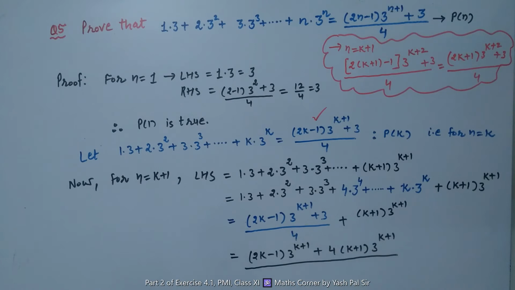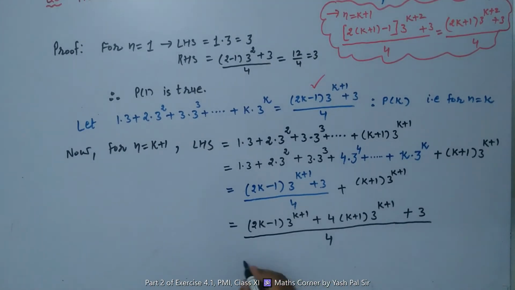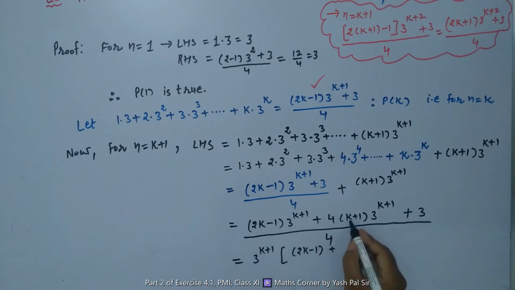Sorry, this plus 3 we are writing in the last, whole divided by 4. So next, this is equal to, we can take 3 power k plus 1 outside. What is inside the bracket? This is 2k minus 1 plus 4k plus 4.